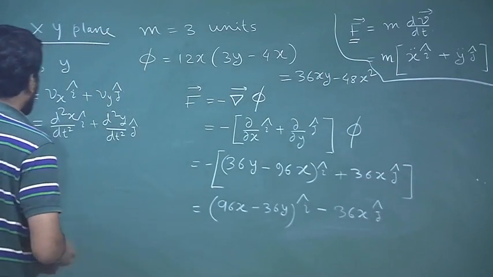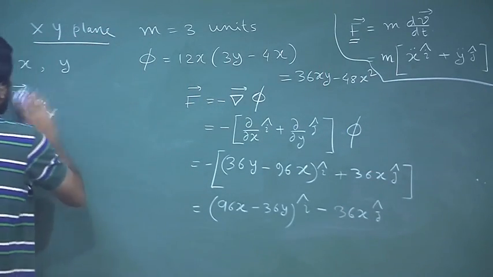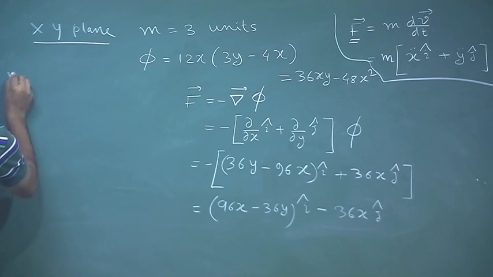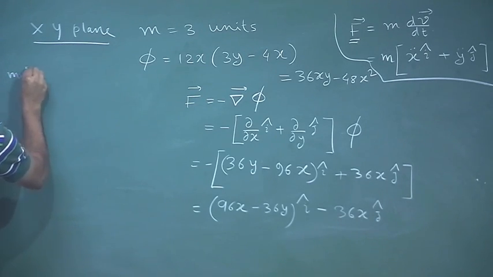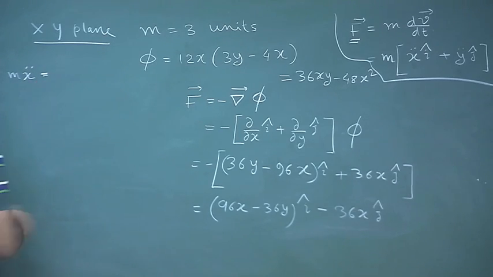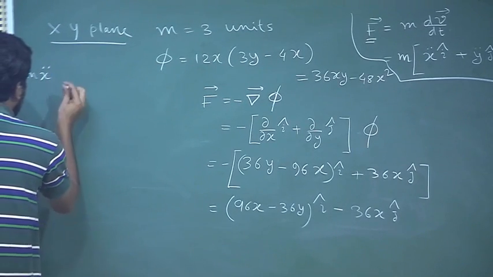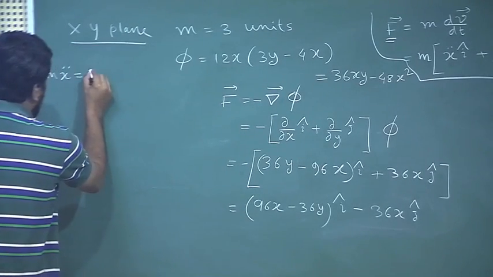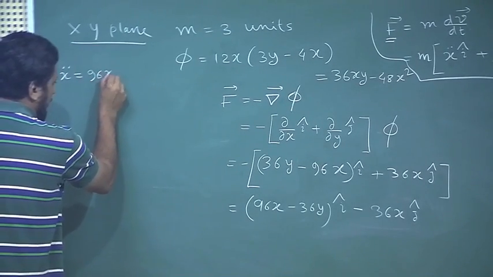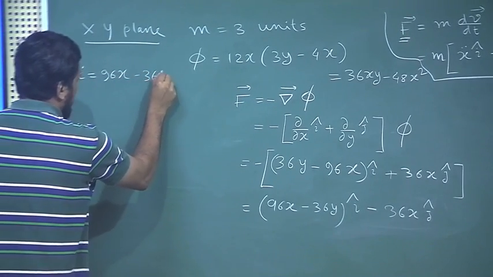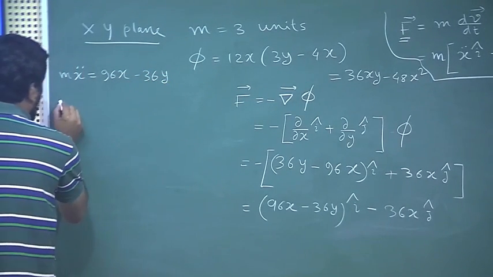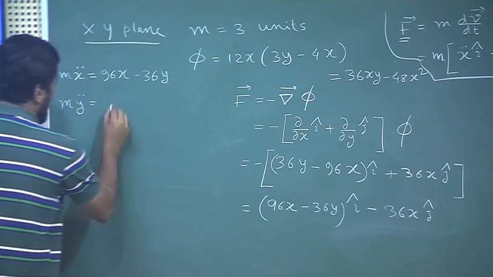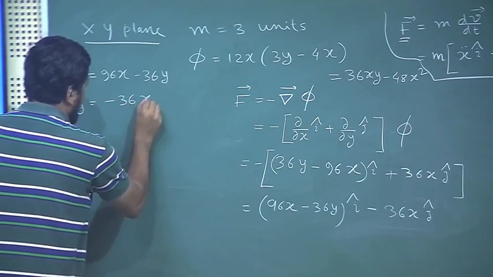what do we get? We get two equations of the form m x double dot equal to 96x minus 36y, and m y double dot is equal to minus 36x.